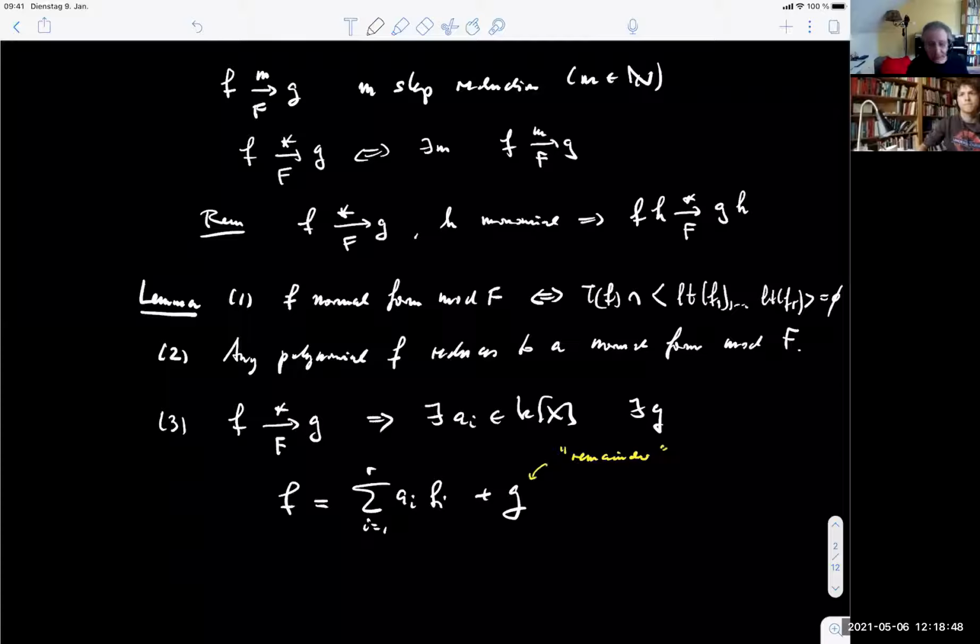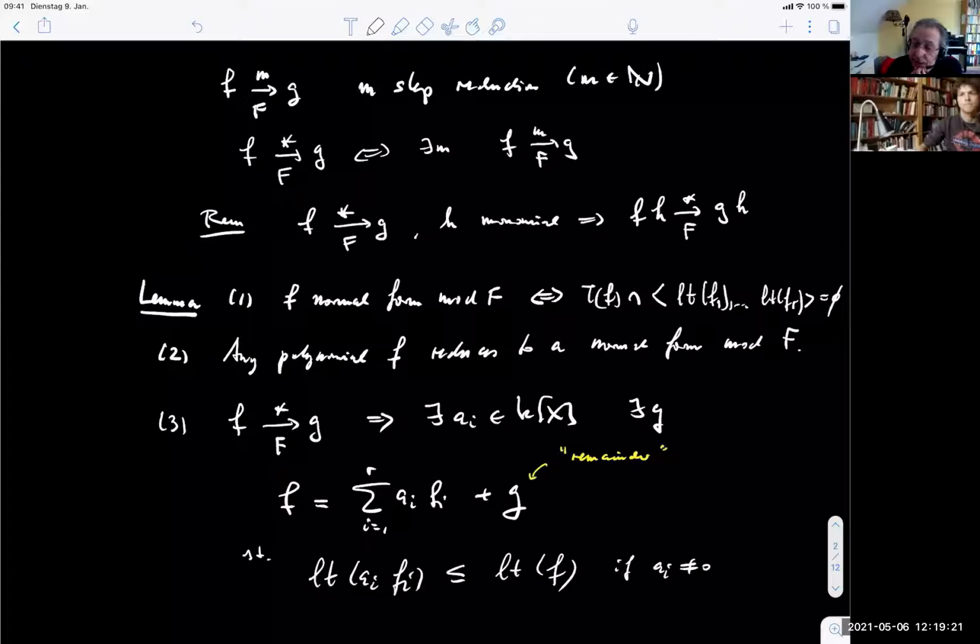And I have additional information on these coefficients. The coefficient polynomials ai cannot be anything. I can somehow control their size in a certain way. What I can say is that the leading terms of all these contributions ai fi are less than or equal to the leading term of f. Of course, if ai is non-zero, otherwise it's just not there.